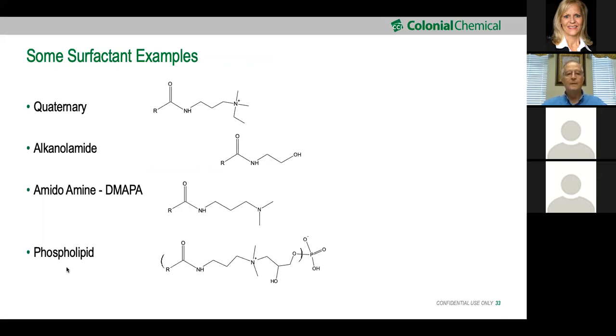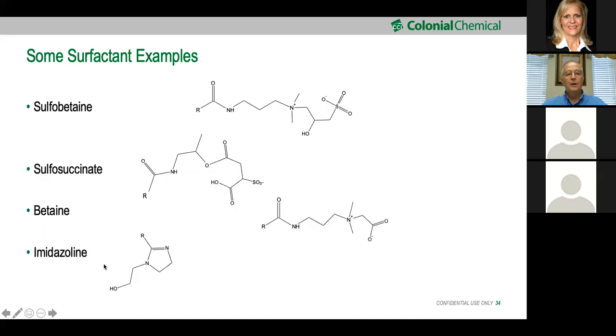Then in the next slide, you see others: sulfobetaines that can be derived from the HOSO, sulfosuccinates, betaines, and imidazolines. So this just names a few. There are others, but this just gives you a rough idea of some of the surfactants that we worked at developing.